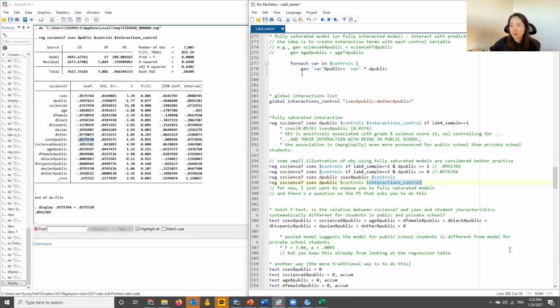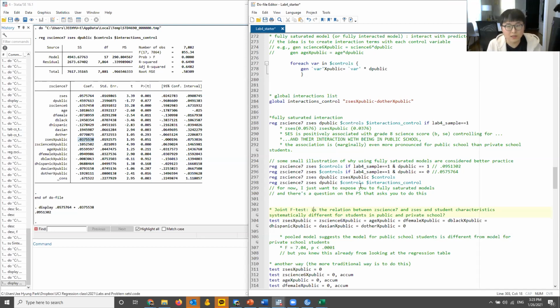One more piece, and then I'll take questions. So now you can do a joint F-test, right? To ask, is the relationship between Z-Science 7 and ZSES and student characteristics systematically different for students in public and private school? That is, is the current model with all of the controls for private school and that model for public school, are they systematically different?